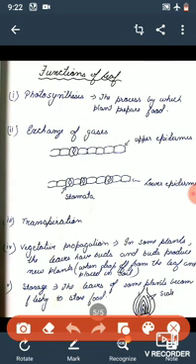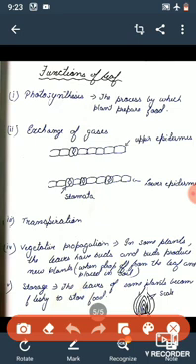Okay, is it clear? So in this chapter we have studied the technical terms related to the leaf: leaf margin, leaf apex, petiole, stipule, everything. Then we studied the types of leaves, two types, simple and compound leaves.